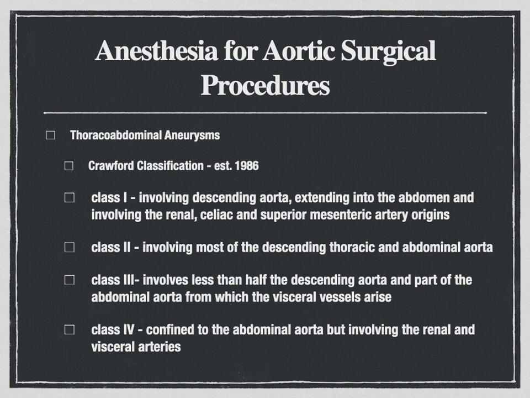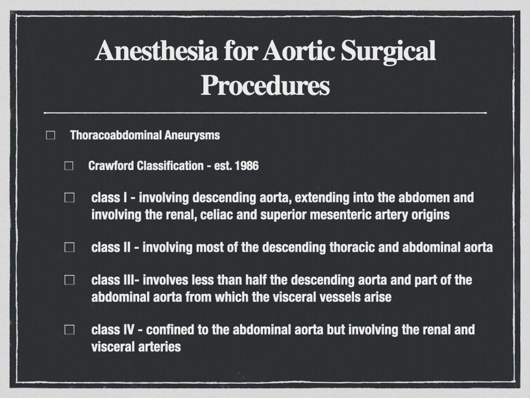So regarding thoracoabdominal aneurysms, there are a few different classification systems out there. The one noted here is the Crawford classification established in 1986. It is a four-class system. Class 1 involves the descending aorta. It extends into the abdomen and involves the renal, celiac, and SMA.